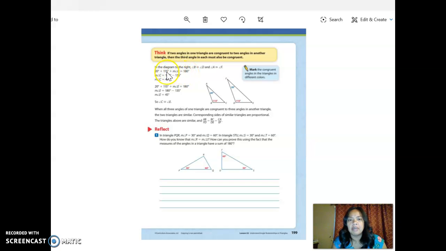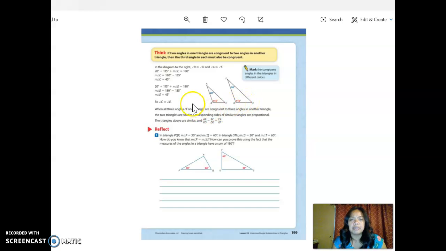From there they combined these together, which gives them 135, and they subtracted that from 180 to give you the measure of angle C, which is 45. So if this is angle C, it's 45 degrees. This is also angle C and 45 degrees because the interior angles of a triangle need to be 180 degrees.